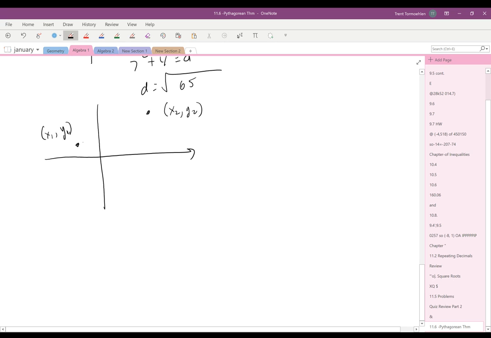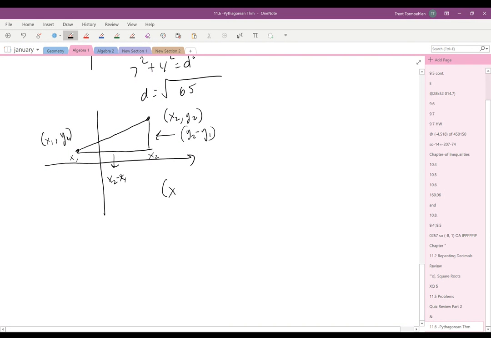And so if we want to find the distance between these 2 points, then we draw this right triangle. And we recognize, oh, wait a second, this is just x2 and this is x1, so this length is x2 minus x1. And this length is just going to be y2 minus y1. And so using the exact same idea we did before, the distance squared is x2 minus x1 squared, that's what that length is, plus y2 minus y1 squared.